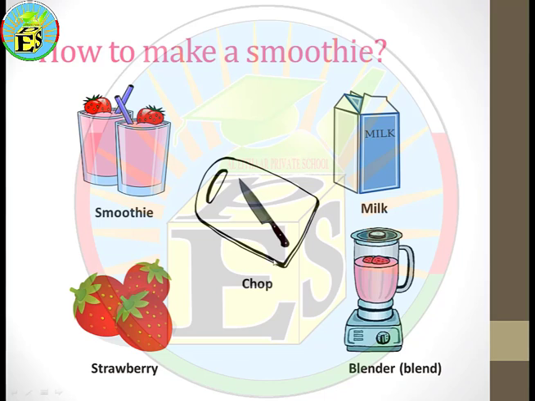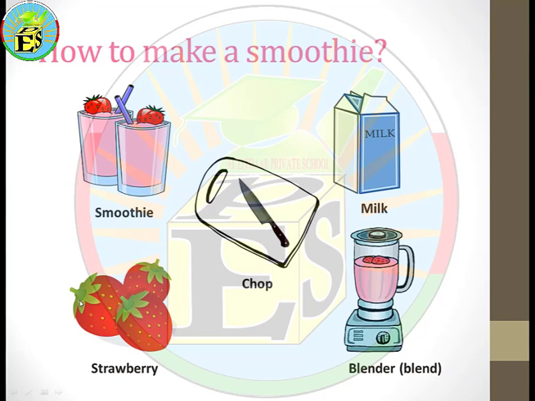And we need a cutting board and a knife to chop the strawberries. Okay? What is the meaning of chop the strawberries? It means that we have to bring the strawberries, wash them, and then by using the knife and the cutting board, we have to remove the green pieces here and then cut the strawberries into small pieces.